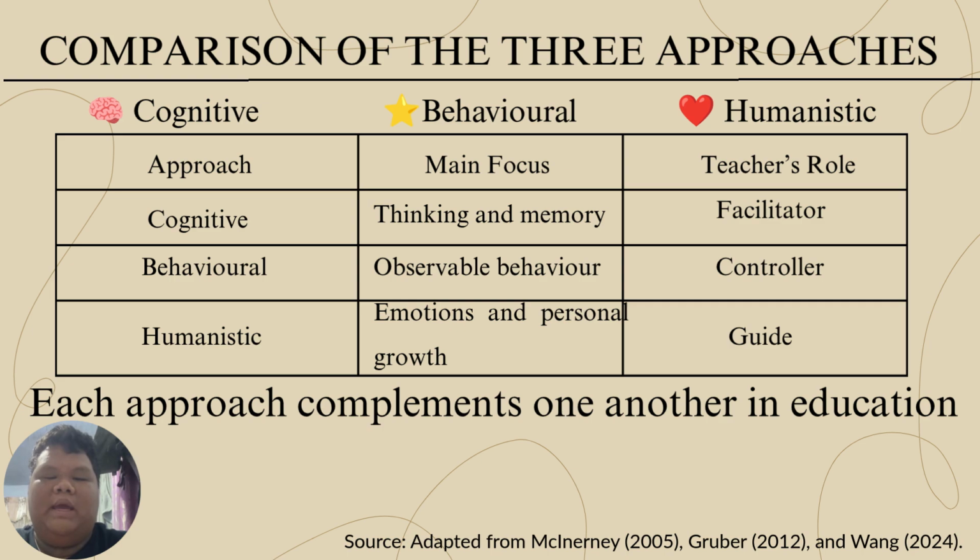The teacher plays the role of a controller who uses reward and punishment to shape student behavior. Finally, the humanistic approach emphasizes student emotion and personal development. The teacher acts as a guide who supports the development of the student's potential and well-being.